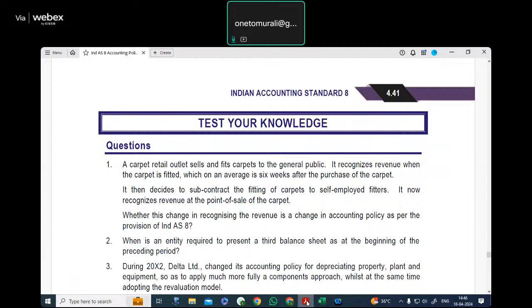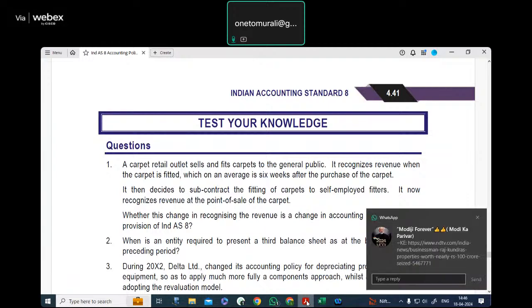So there are 2 things that you have. One is you are selling the carpet, the other one is you are fitting it. Right. So should I recognize the revenue after fitting, that is after 6 weeks, or should I recognize it at the point of sale, that is the moment the sale is made?